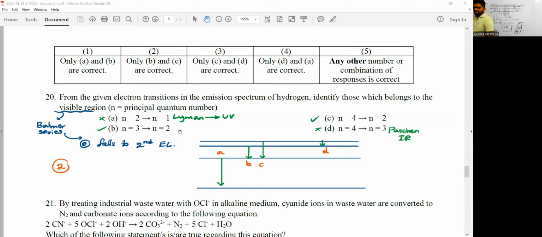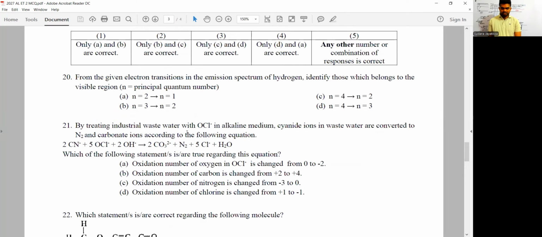And 4 to 3 in the Paschen series is in the infrared region. So the correct answers are B and C. Okay, so write a good explanation for that. If the answer is B and C, you can see from the above table, it is option 2. That's the answer you need to select. Okay? So that is your 20th question.